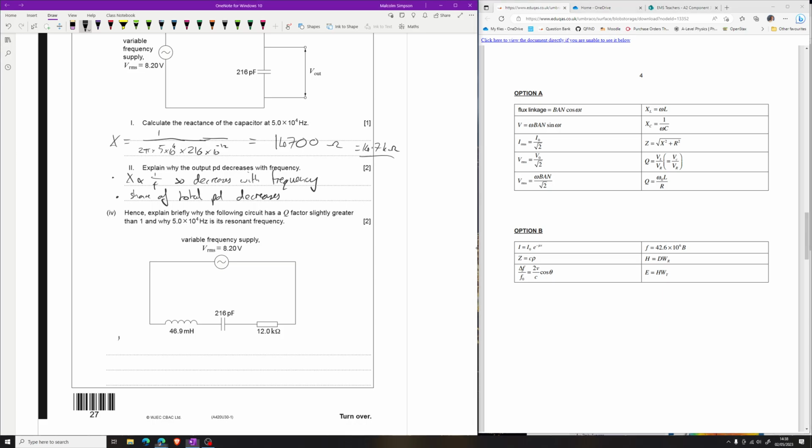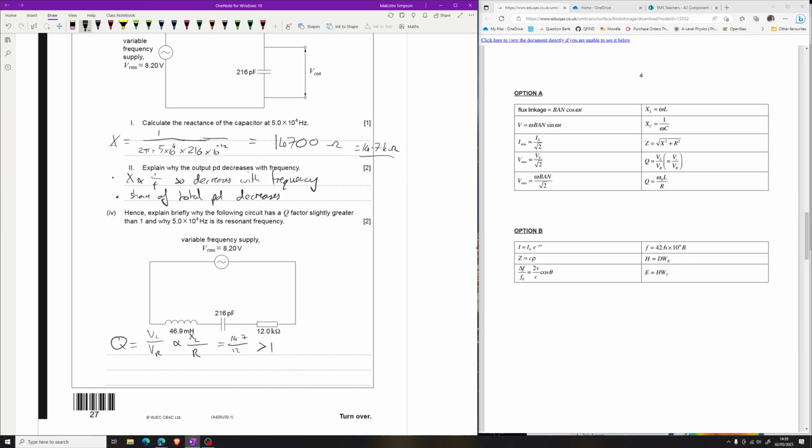So if we just quote that, Q equals VL over VR, which is proportional to reactance over R, and that is equal to 14.7 over 12, which is greater than 1.